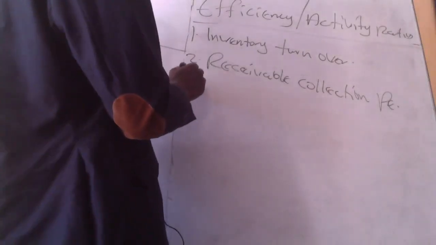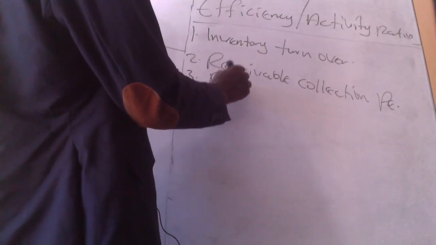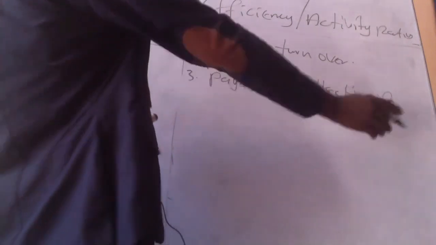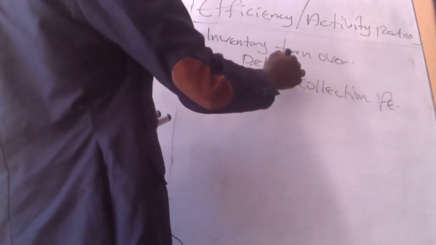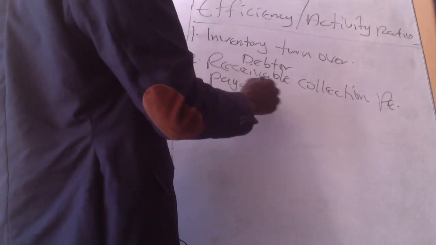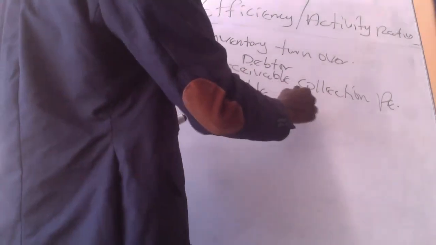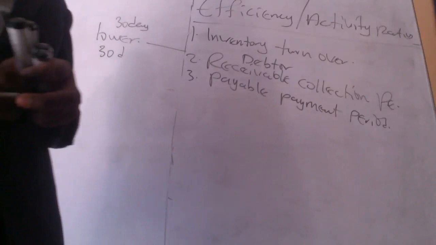So now we go to the third one. We talk about payable. Now the receivable, you can also call it debtors. So debtors collection period or debtors days. Payable payment period or creditors payment period.